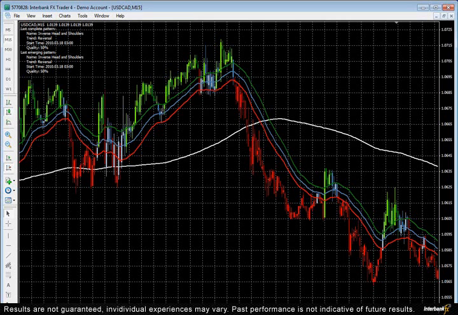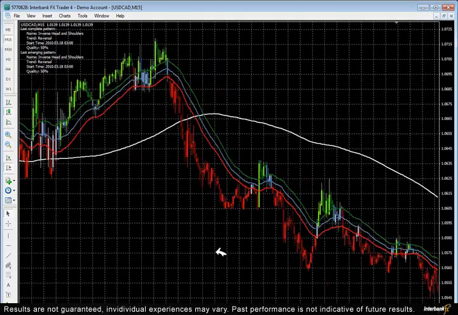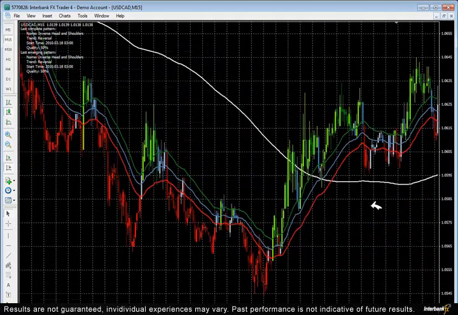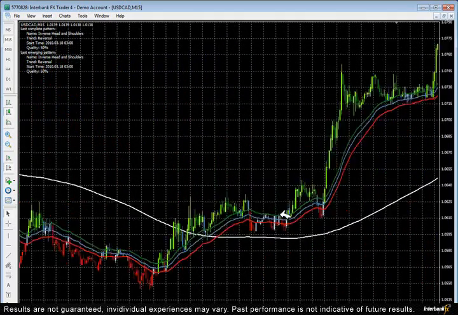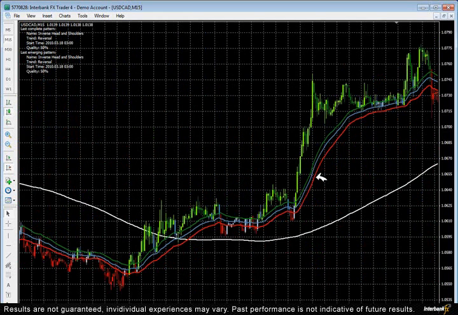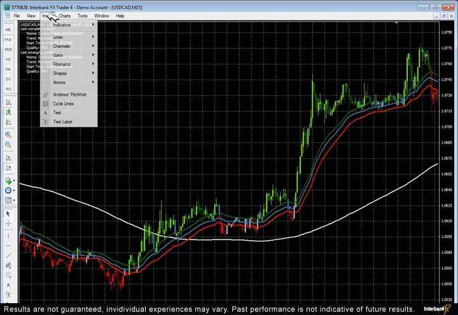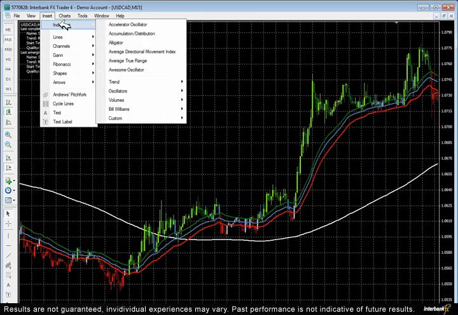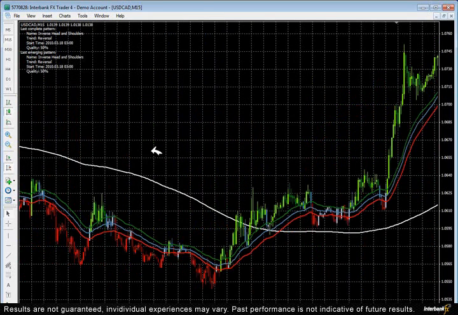Okay? All right, so again, just a quick review. The tools you see on this chart right now, with the exception of the color coding candles, you can put the actual moving averages on your chart by using the insert indicator and putting on the wave, the EMAs of the wave.